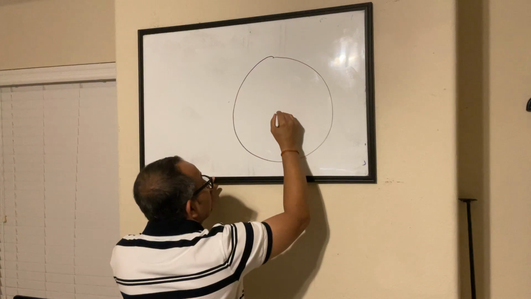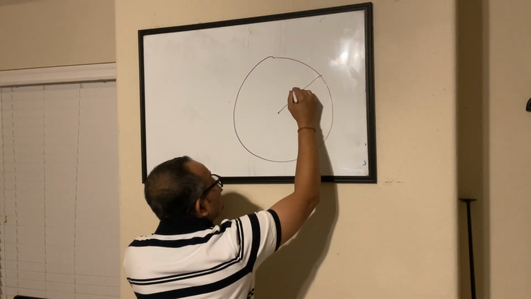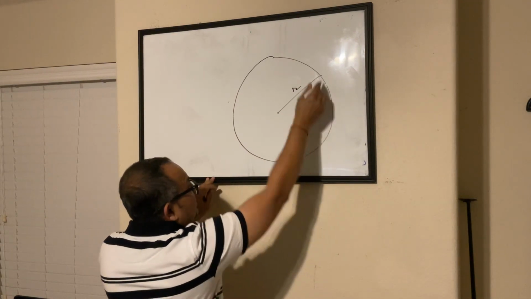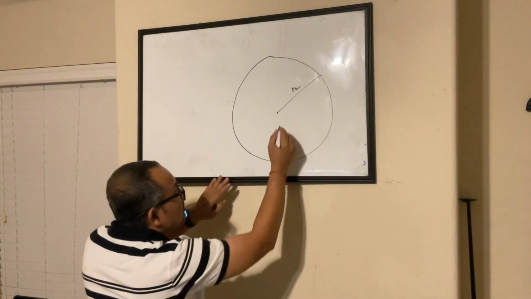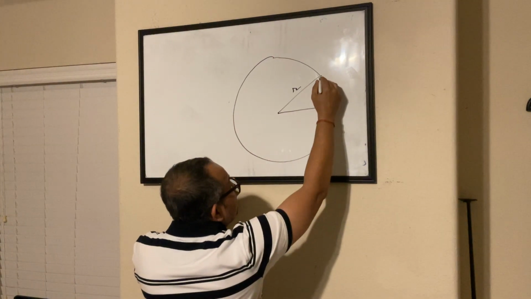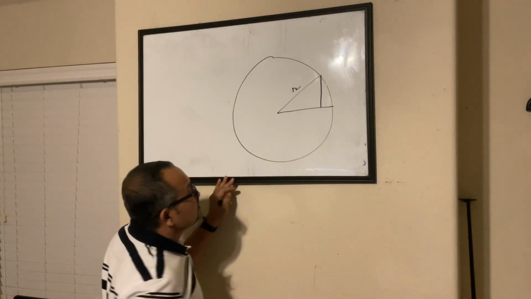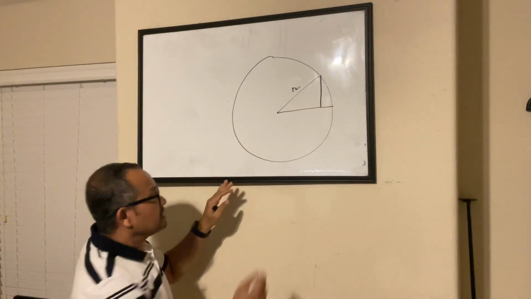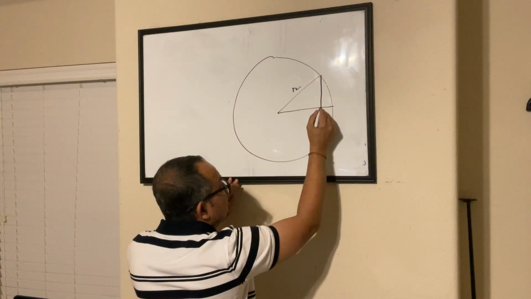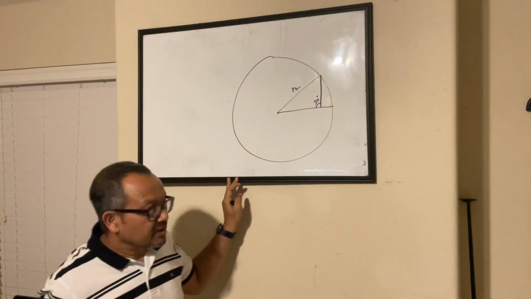So let's say this is my radius, and this is my circle. What I've done is I have dropped a perpendicular from this point to this horizontal axis and made this a right angle triangle.